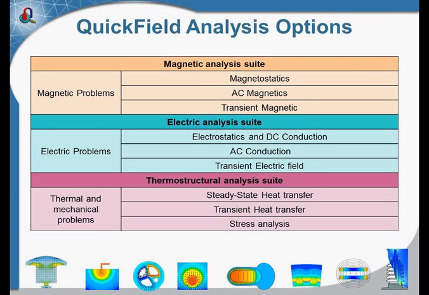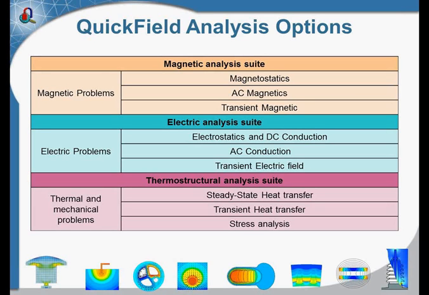Let me briefly overview the QuickField analysis capabilities. As shown on this slide, QuickField is a truly multi-physical package which includes static DC, direct harmonic, AC and transient magnetic analysis, electrostatics, AC and DC conduction and transient nonlinear electric analysis, and also steady state and transient heat transfer and mechanical stress analysis.